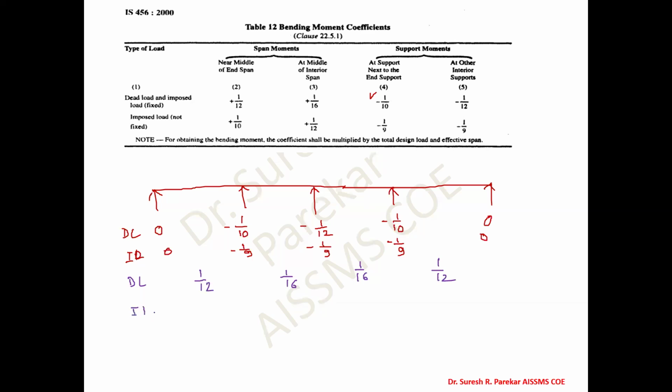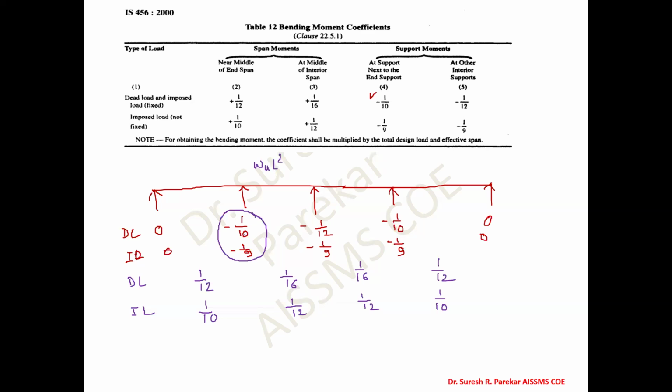For imposed load, they have given these values, that is 1 by 10, then 1 by 12, 1 by 12 and 1 by 10. So now you can see critical values, means maximum moment we will always get next to the end support, because this is in denominator and denominator value is less, the numerator we will get more, because we are going to multiply for all these by WUL square.